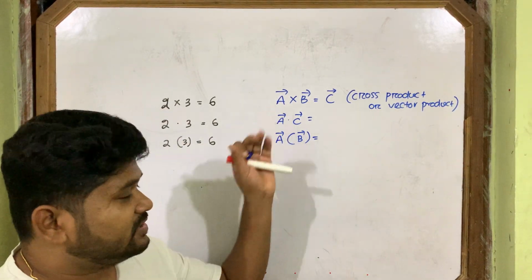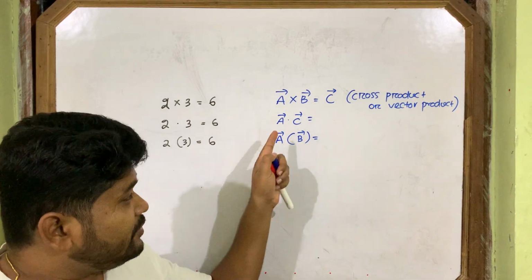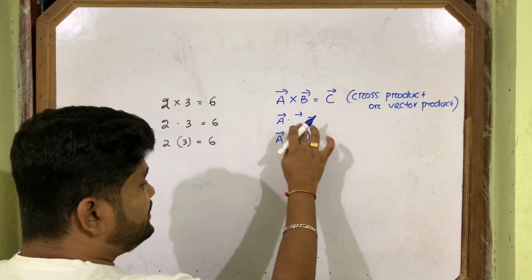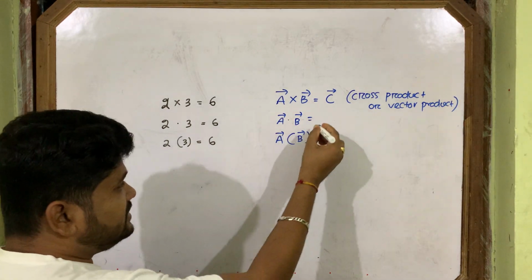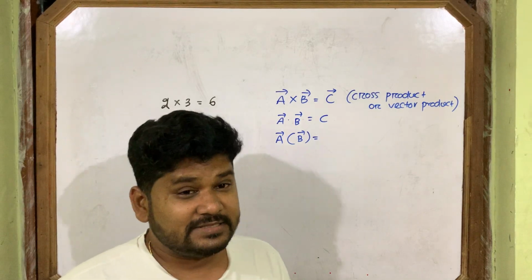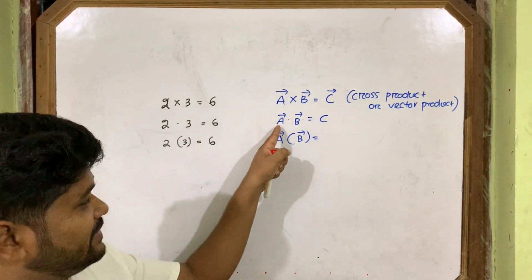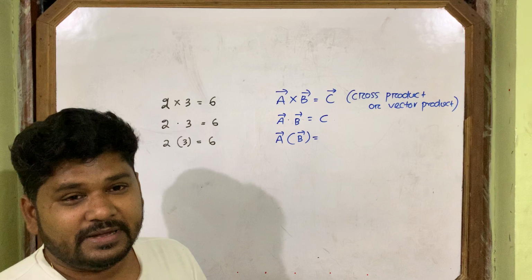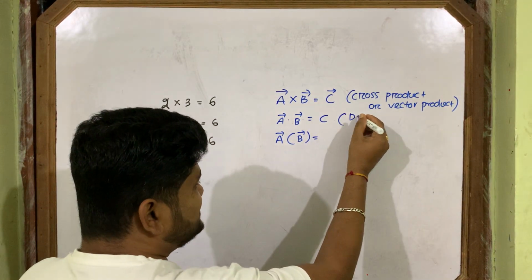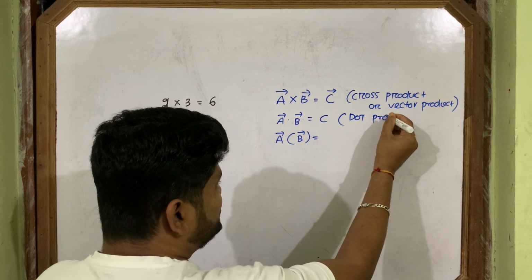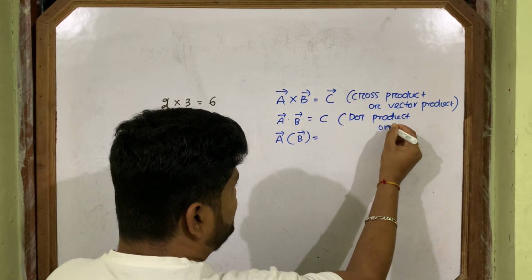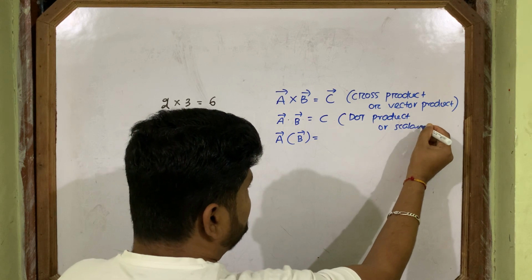But when we multiply by the dot symbol, A vector dot B vector, the result is a scalar. This is called the dot product or scalar product.